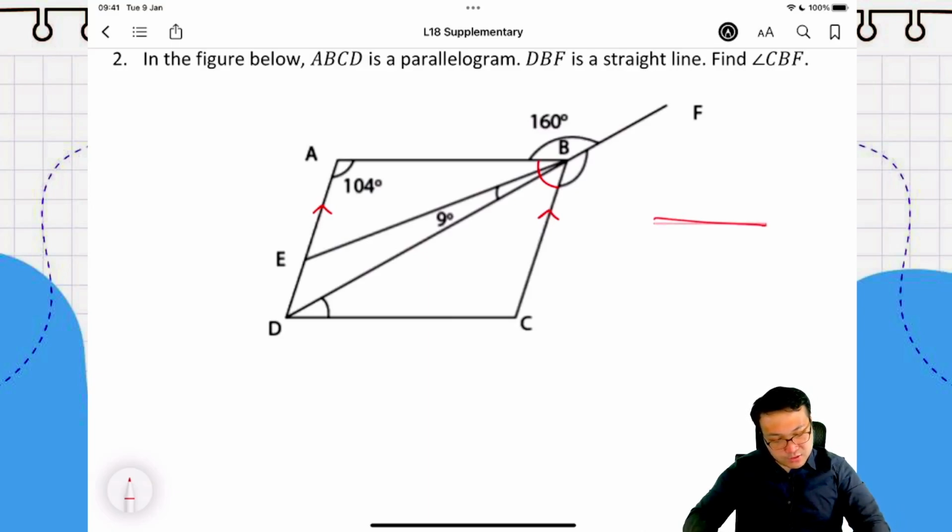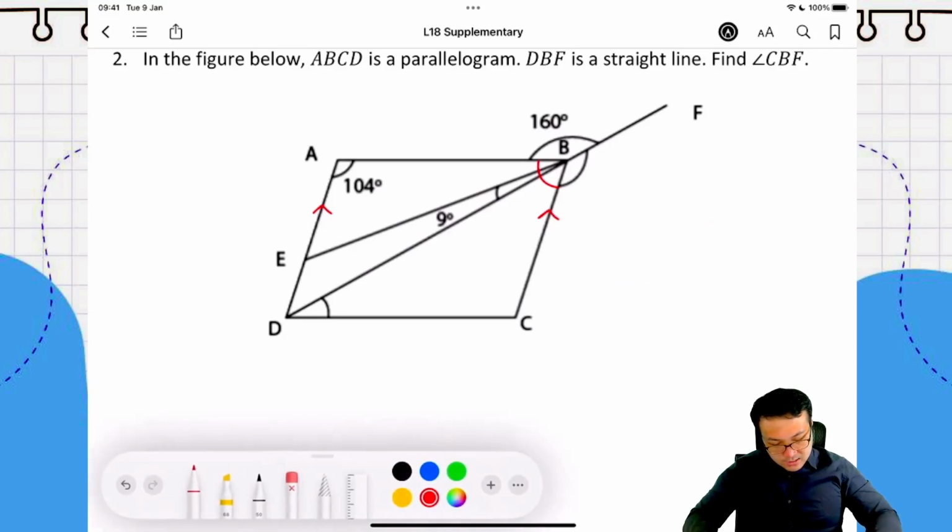Students, let me introduce you a rule. Whenever you have a set of parallel lines, this is the interior angles of the parallel lines. The sum of the interior angles is going to be 180.